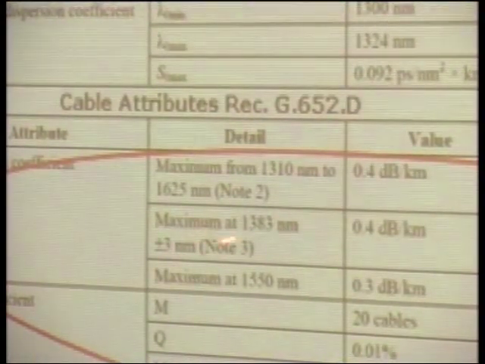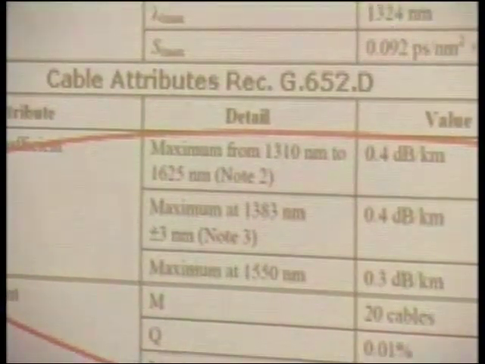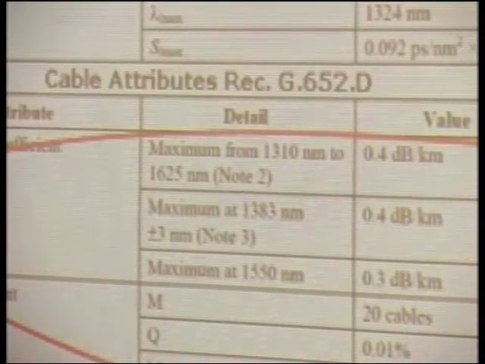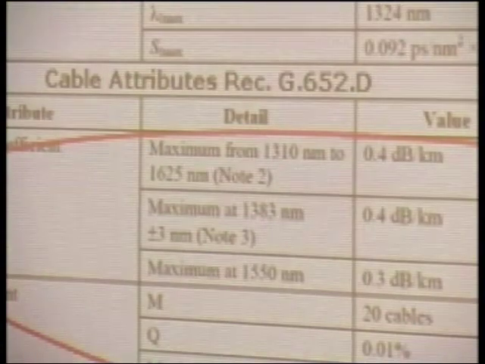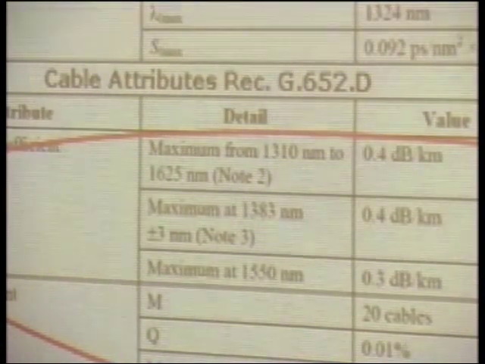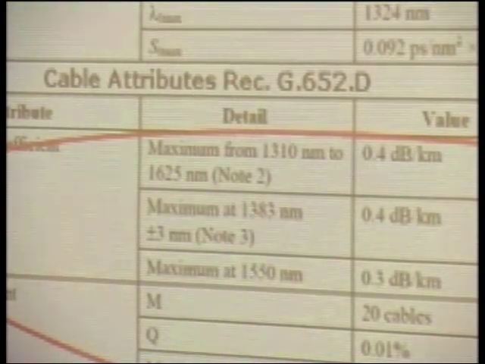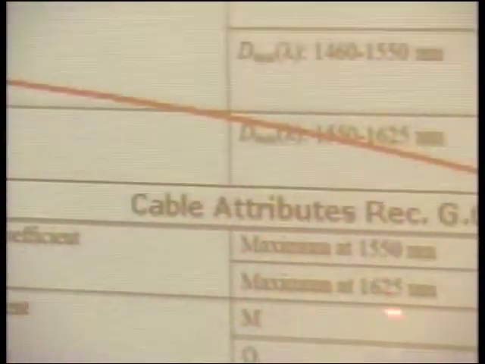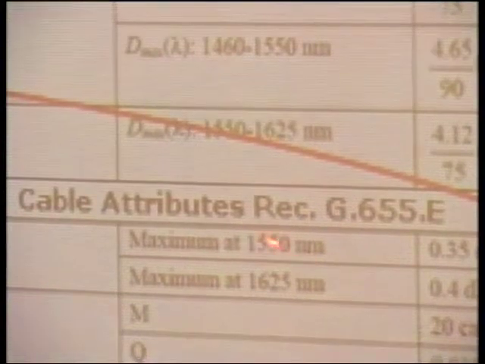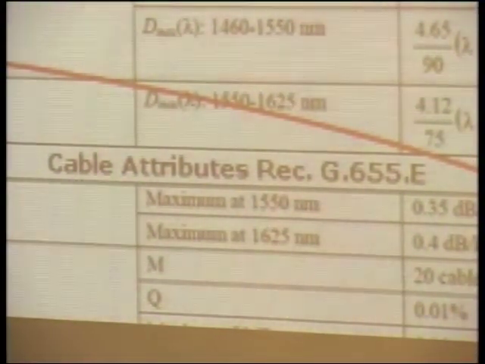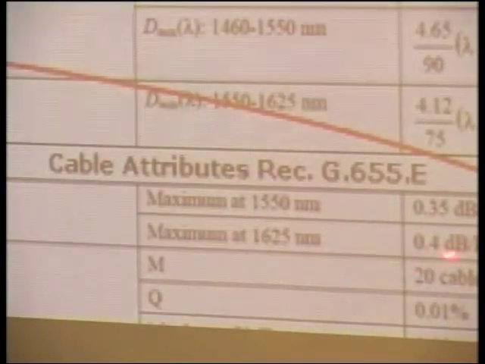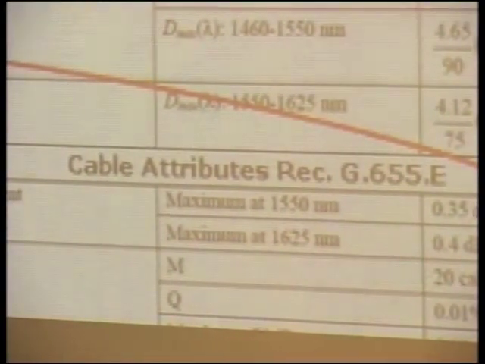Additionally, it is said that the water peak, the 1383 nanometer, also should obey the same specification. That is the fact that we are talking here about the D version, the low water peak version. In 655 fibers, we do not have this large range. We only have a specification at 1550 nanometer and 1625 nanometer. So, of course, the use of the fiber is limited in attenuation specification.